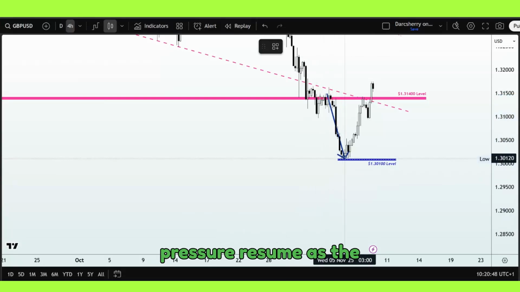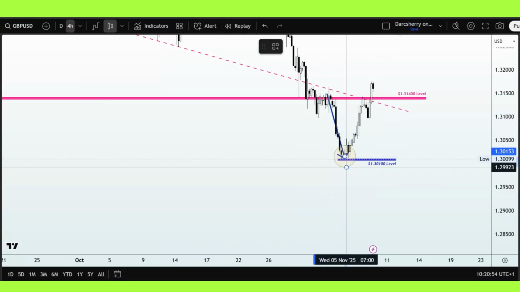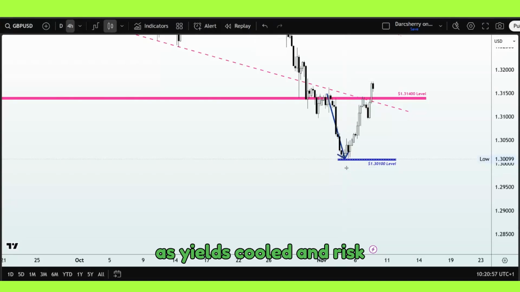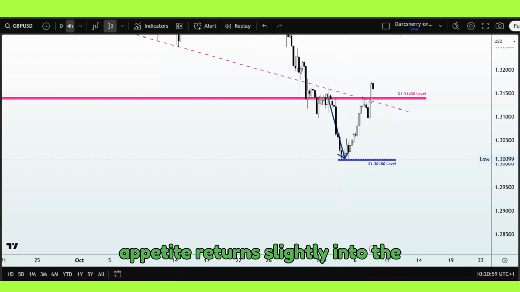Buy pressure resumed as the dollar's rally lost steam, as yields cooled and risk appetite returned slightly into the market.